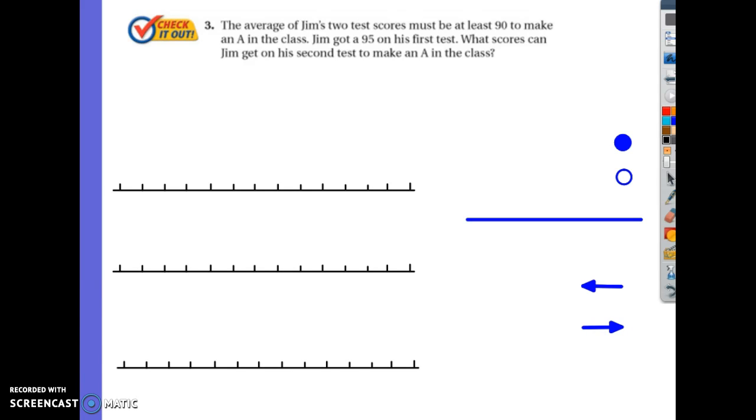So for this one, that 95 plus x divided by 2 has to be, the average of Jim's 2 test scores must be at least 90 to make an A in the class. So this has to be greater than or equal to 90.